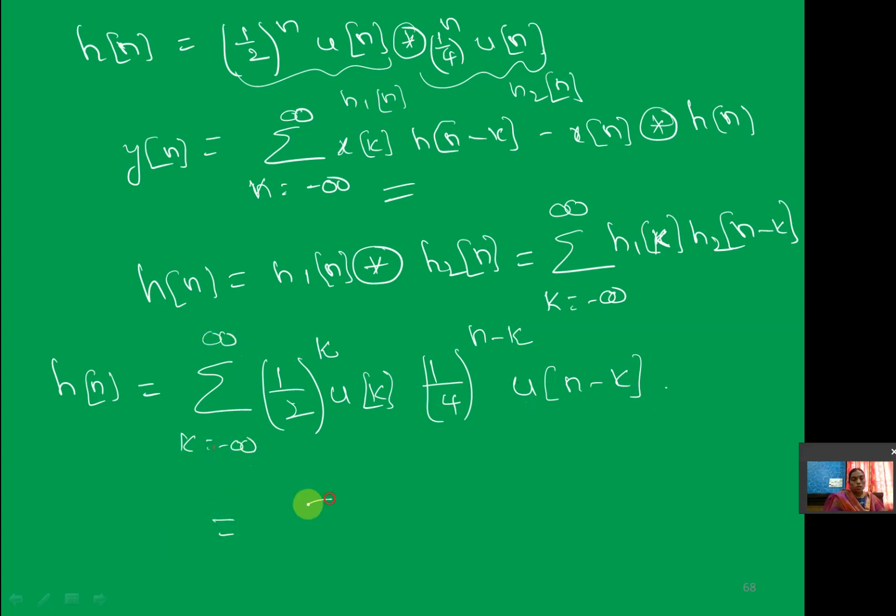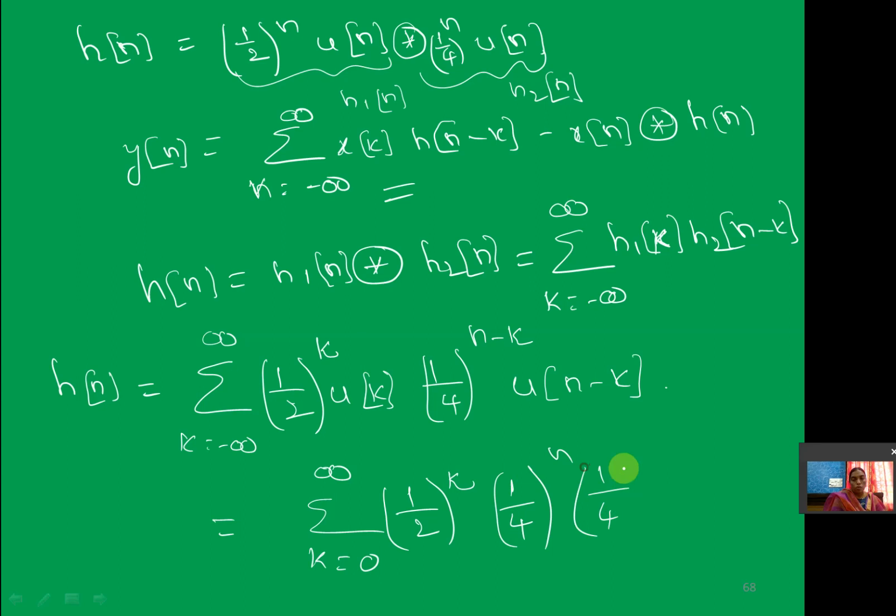Now this is summation k from 0 to infinity, (1/2)^k (1/4)^(n minus k) u of n minus k, since u of k is equal to 1 for k greater than or equal to 0, and 0 for k less than 0. So this is also equal to h of n.